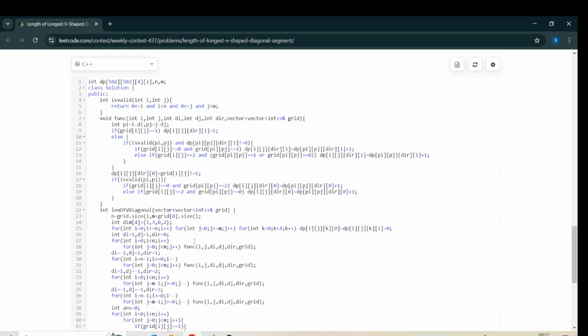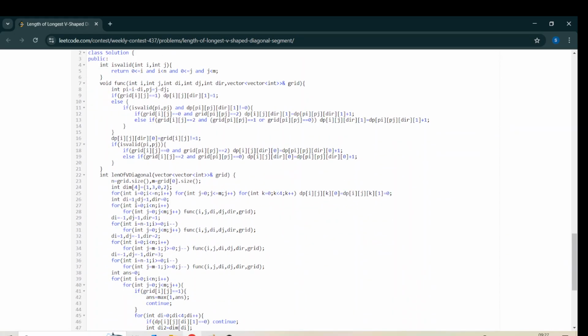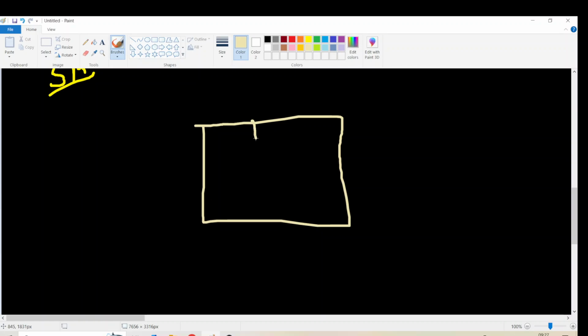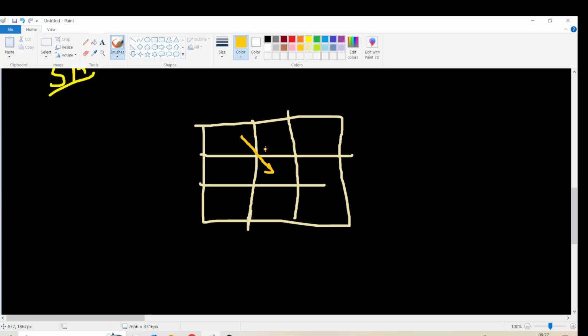So this di, dj will denote the directions. Say we are at a certain grid cell, and (1, 1) means that we will go in this direction, because the i value is getting incremented and the j value is getting incremented also along this diagonal.